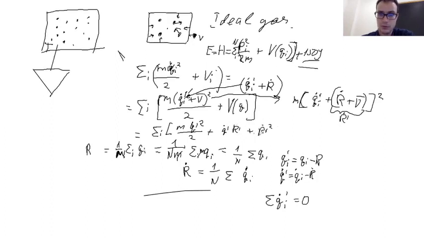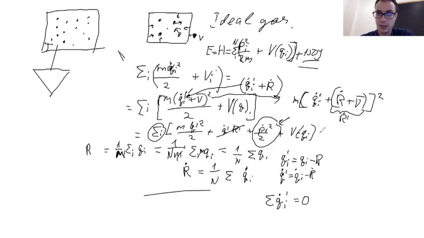squared over 2 plus v of qi, okay? And then if I apply this sum to this term, this is a constant, I can take it out of the sum, so this term will cancel. This term remains constant, okay?